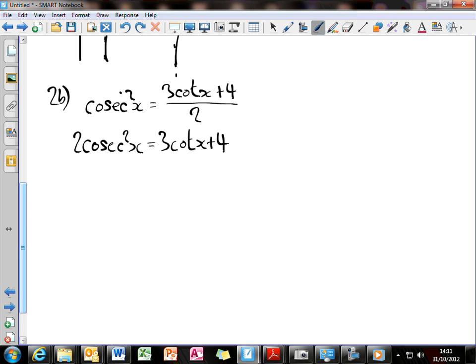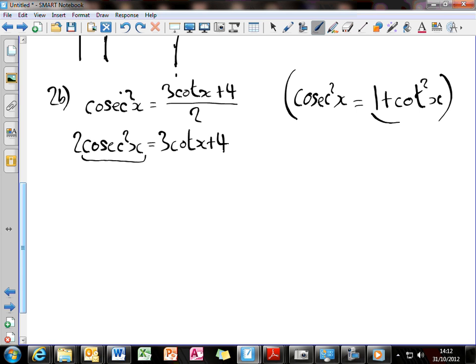So the identity we're using, I'll just put this in a bracket, is cosec squared x is equal to 1 plus cot squared x. So what we're going to do is change this cosec squared x for 1 plus cot squared x.